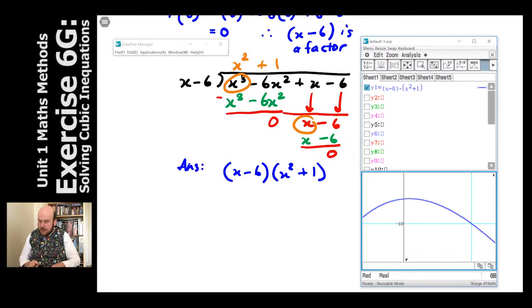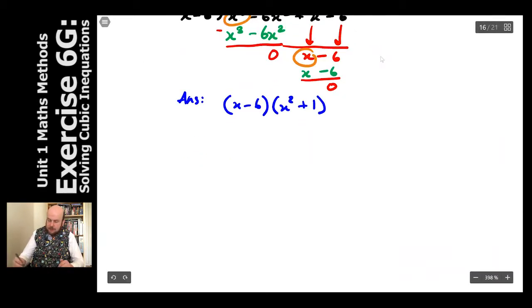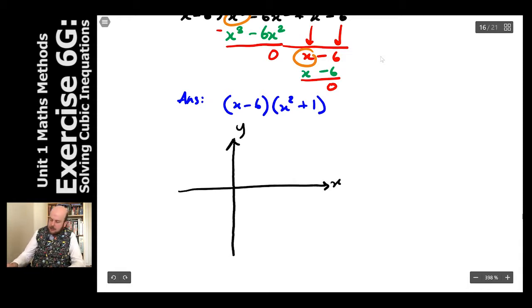So yeah, it only has one intercept and it's going to look a little bit weird. So the graph itself looks something like this. And so that's going to be at 6, 0.